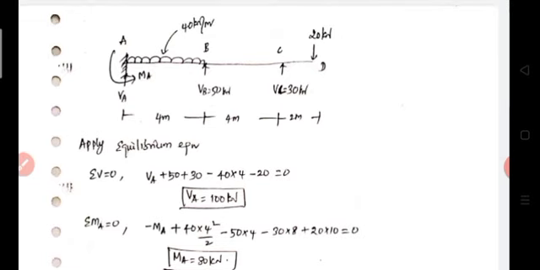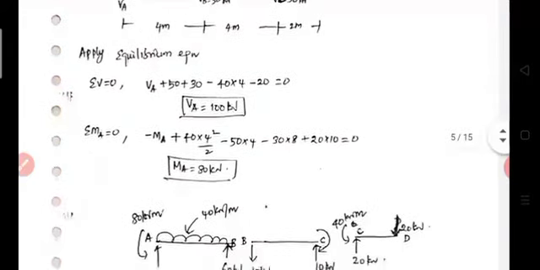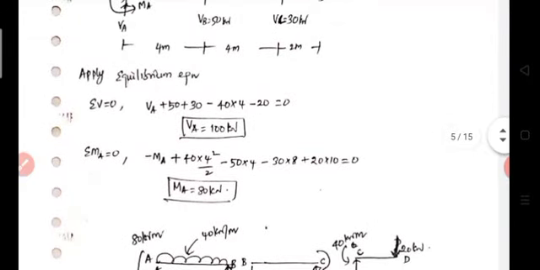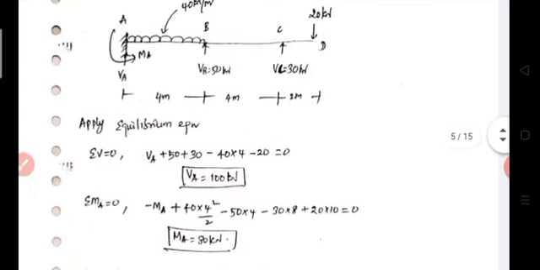Then the VB reaction creates an anti-clockwise moment, so therefore minus 50 into 4. Then VC also anti-clockwise moment, minus 30 into 8. Then the 20 kilonewton force creates a clockwise moment, so plus 20 into 10 equal to 0. Finally MA is equal to 80 kilonewton meter. So it is a positive value, which means our assumed direction is correct. Therefore the support reaction will be a hogging moment.